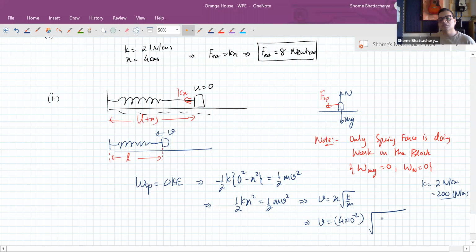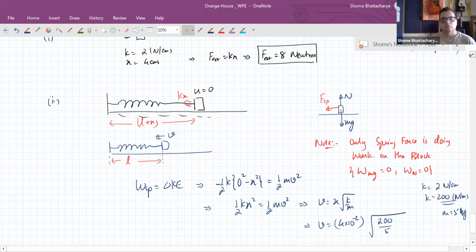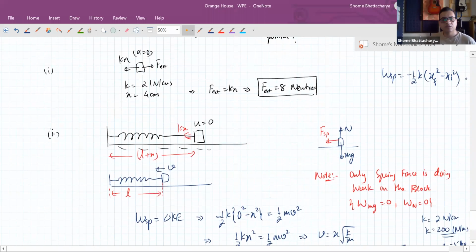So this is the value we'll substitute. And m was 5 kg. M was 5 kg? Yes.